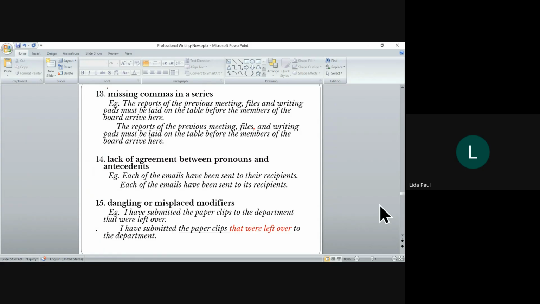All right. I think this should be the last one here, common errors: dangling or misplaced modifiers. Modifiers, what are the major modifiers in English? Which parts of speech or which class of words are modifiers in English?